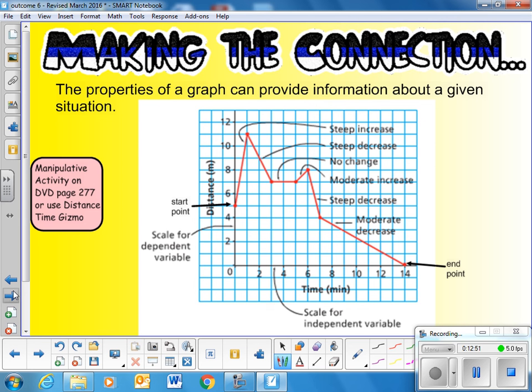If we compare this section of graph to this section, the blue section is a steeper increase than the green section. So that means this object would be traveling faster in the blue section than in the green section. And so we can talk about steep increases, areas of no change, moderate increases, or slow decreases.